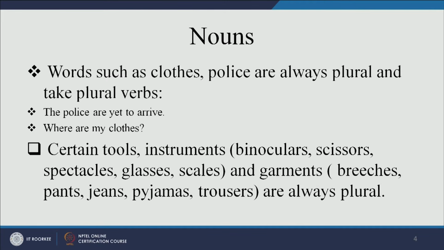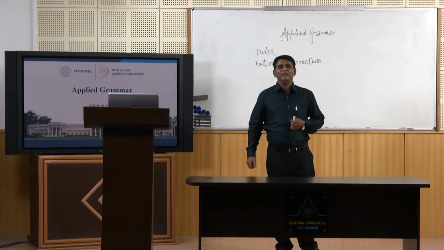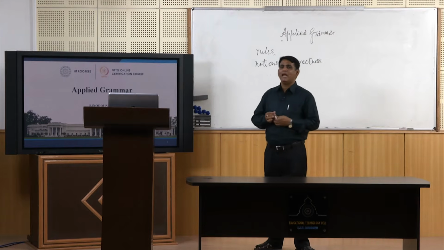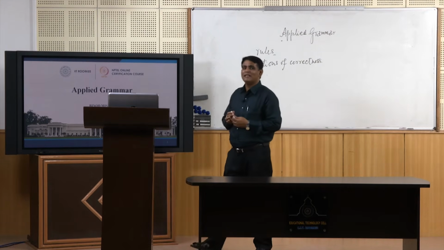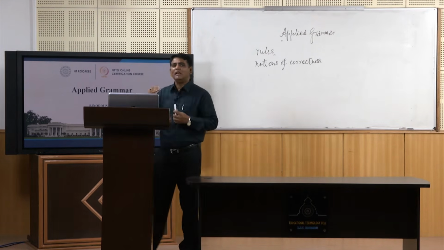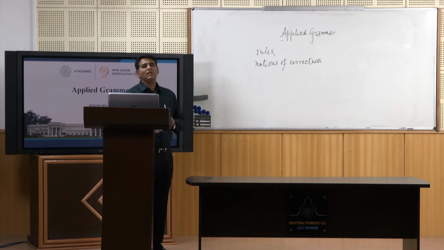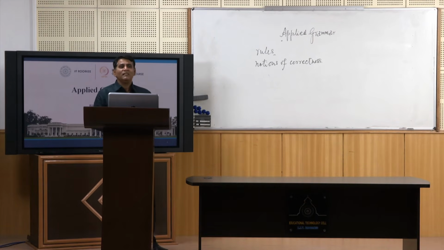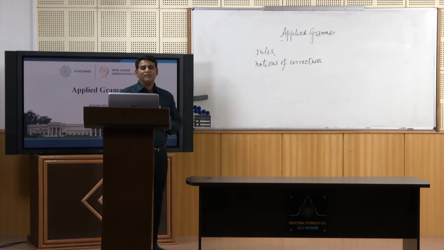That is why when we hear somebody saying the police is coming, if we are sensitive according to the grammar, that becomes incorrect, because the word police is always plural and we should say the police are coming.